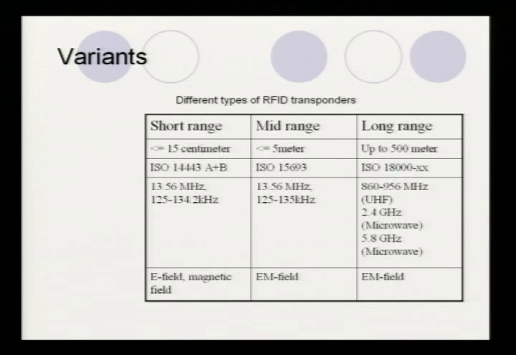This frequency is quite popular if you need to go deep into the material, like tagging humans or animals. The 13 megahertz is popular for vicinity cards, for access control, passports, and 15693 is most used for normal memory tags used in the supply chain or stuff like that.